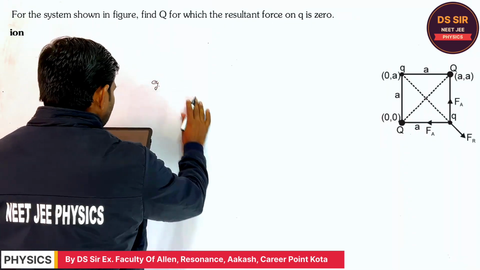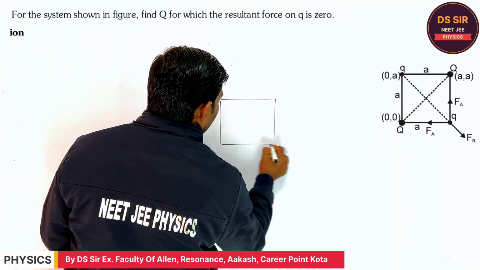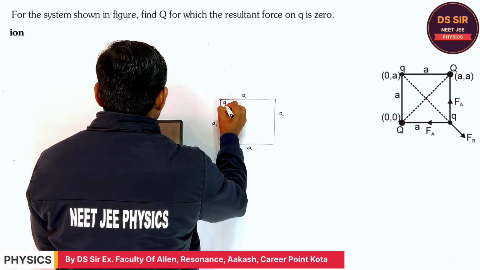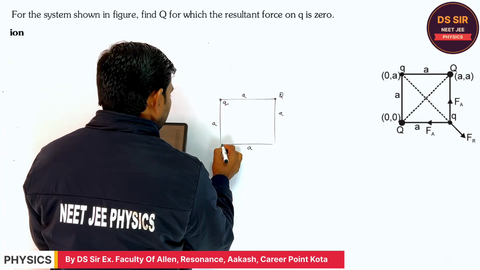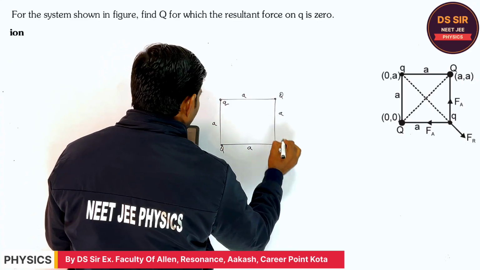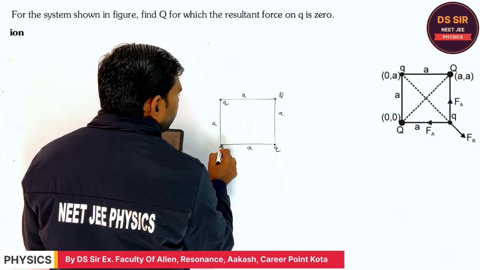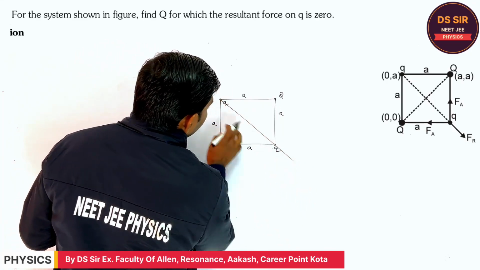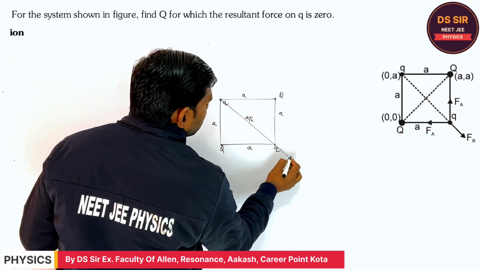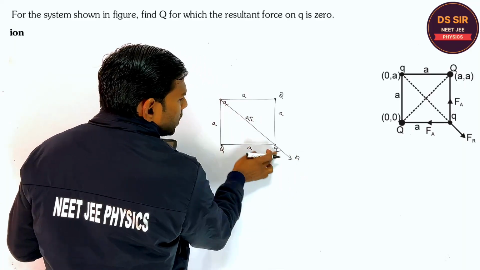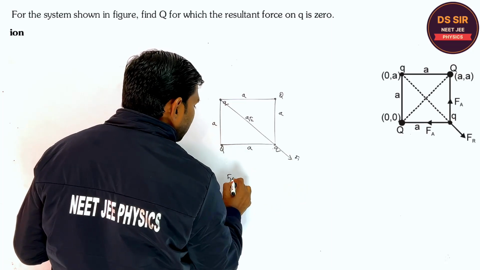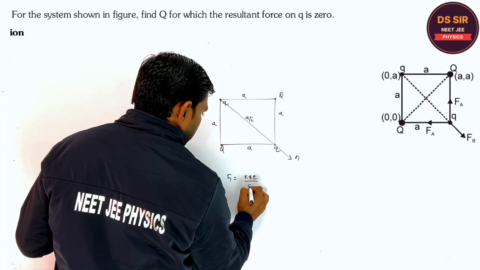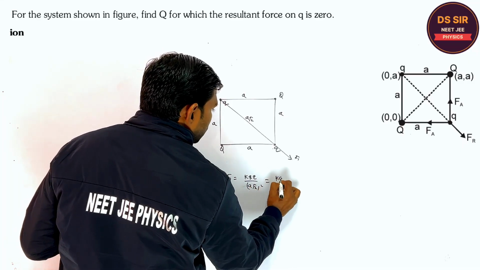For this question, write this is the square and the side of the square is A. This is the small q, this is capital Q. We have to find the value of capital Q so that the force on, listen, this is A root 2, the force assumed to be F1, both are same sign, so the repulsive force will be equal to KQ upon A root 2 whole square, KQ square upon 2A square.